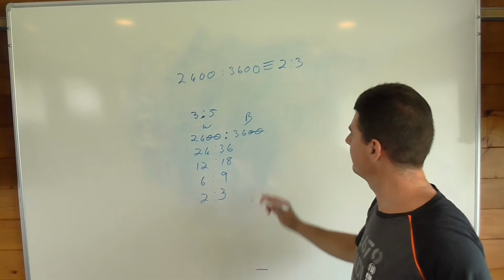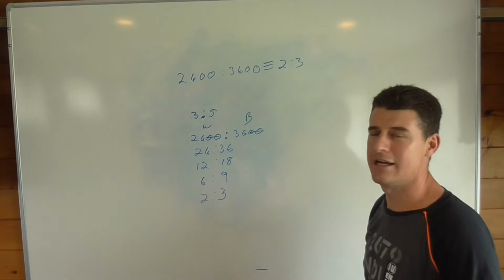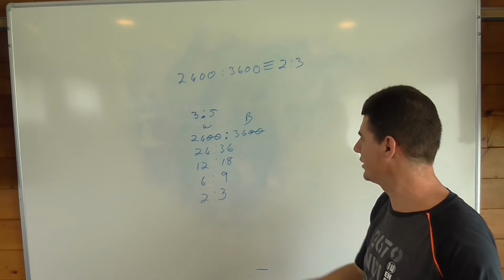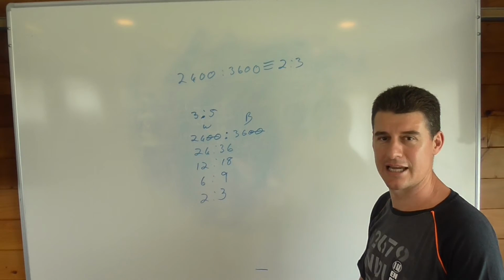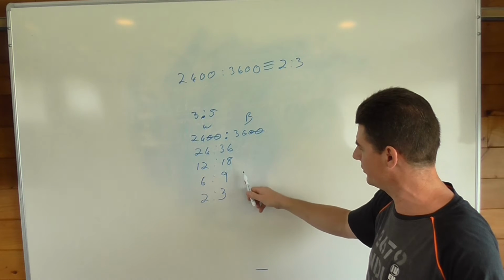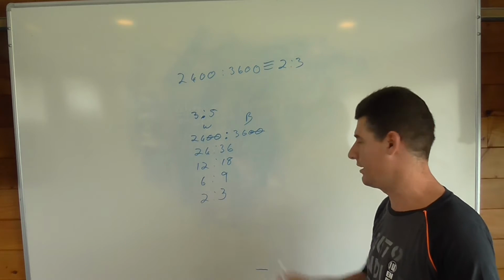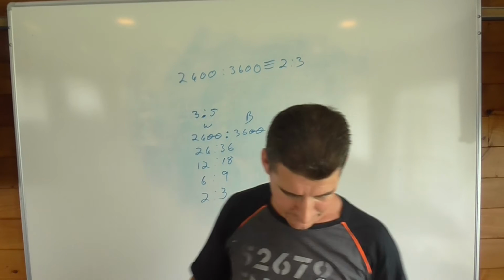So when you get your big amounts, you just bring it down into its simplest form, and just like working with a fraction, you need to divide both of them by the same number. So first we divided by 100, then we divided it by 2, then we divided by 3, both of them, and then we got to our final answer.